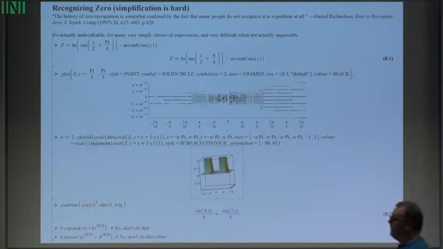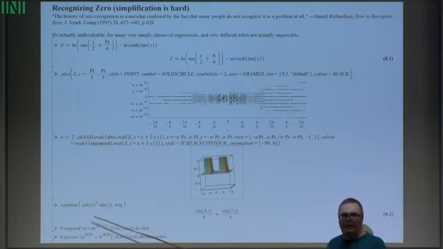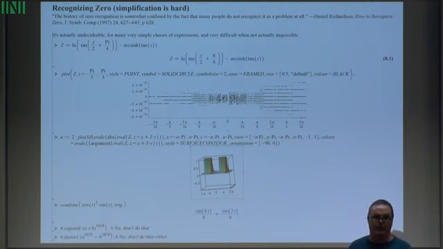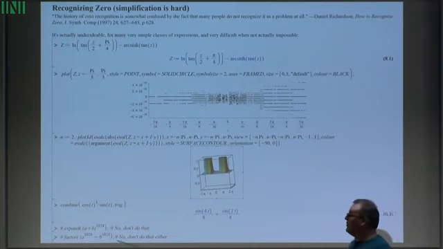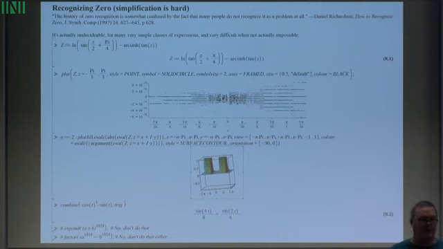But you don't want a default of expanding, because a plus b to the 1024, if you expanded that, it's gigantic. And you don't want a default of factoring, because a to the 1024 minus b to the 1024, if you factored that, you have 4 or 5 lines of factors. So there is no default that works well even for problems.